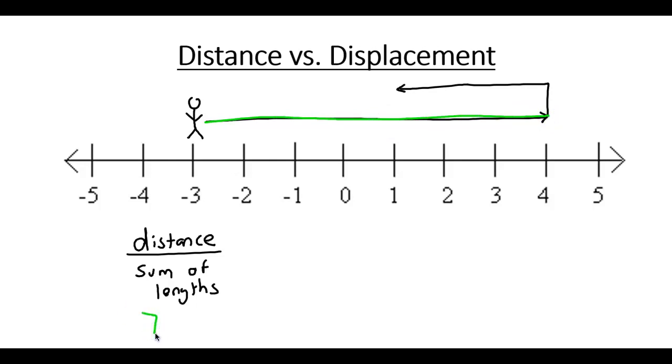And then his next distance that he went was 3. And so altogether his distance was 10. Okay? So that's the total amount of distance this guy traveled.